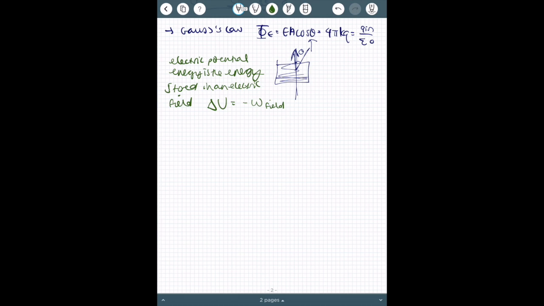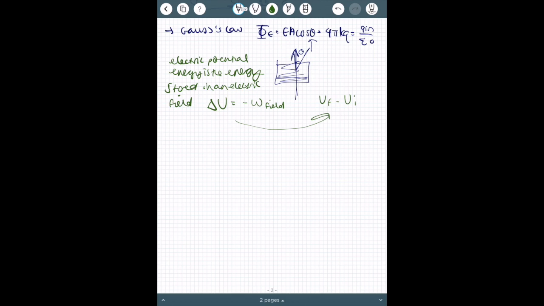So delta U is U final, the potential energy in the final position, minus the potential energy in the initial position, and we just want to define the initial position as 0 to keep things simple. When things are infinitely far away, you can think of it being so far that it doesn't feel any kind of potential energy, and so the potential energy is just 0.